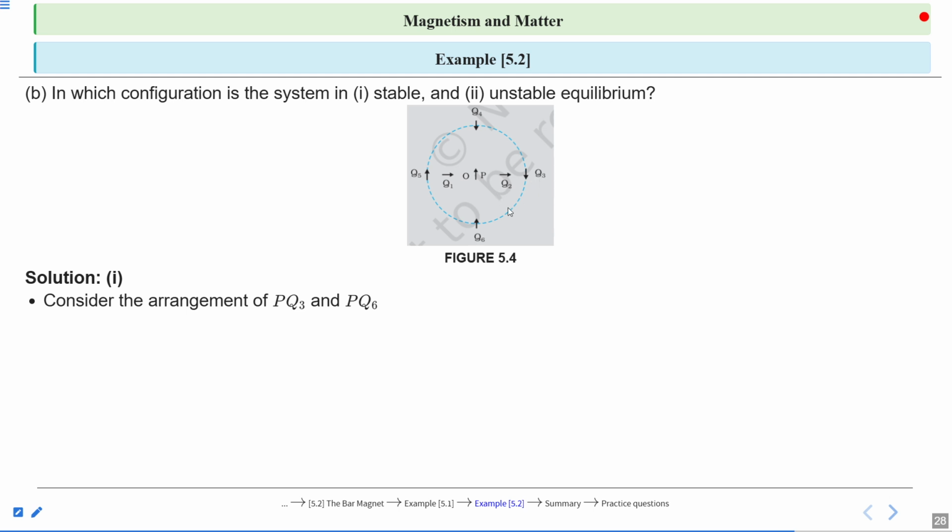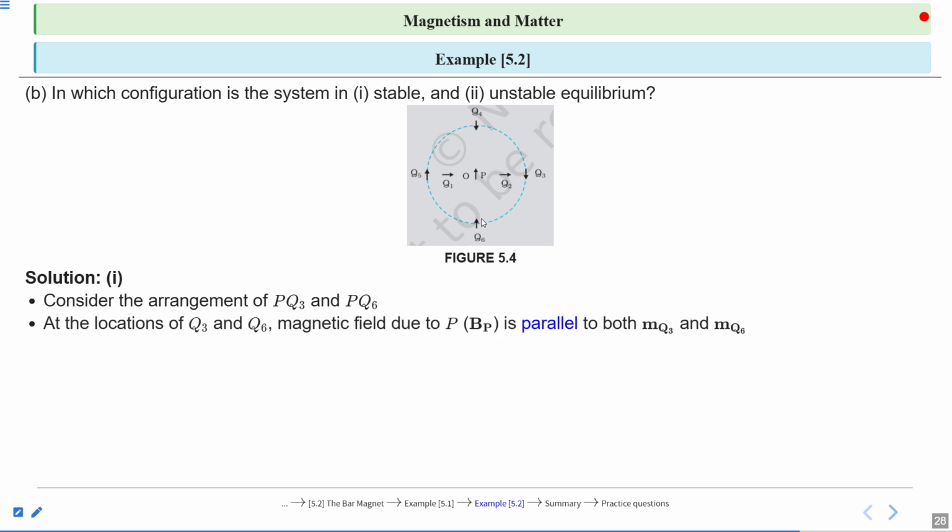For Q6, the axial magnetic field due to P will be in the same direction as the magnetic moment of Q6, and Q3 is on the equatorial line for this magnetic needle P. So the equatorial magnetic field due to P at Q3 will be opposite to the magnetic moment of P, which means in the direction of Q3.